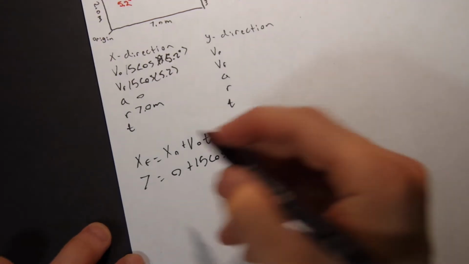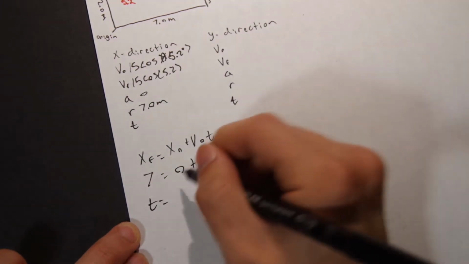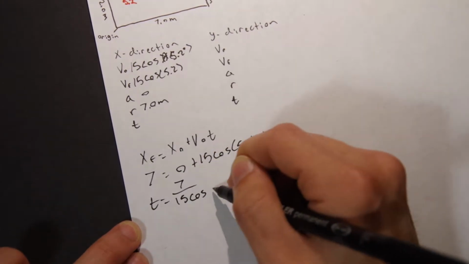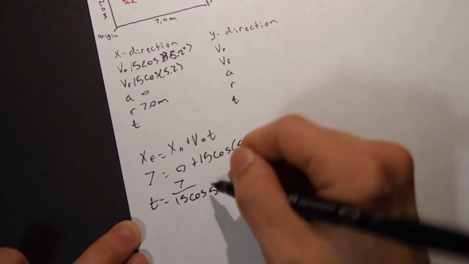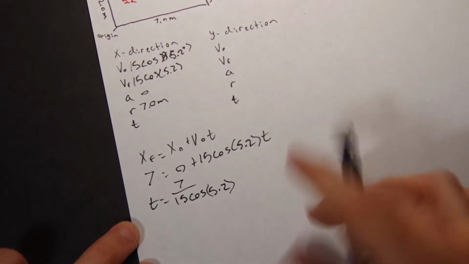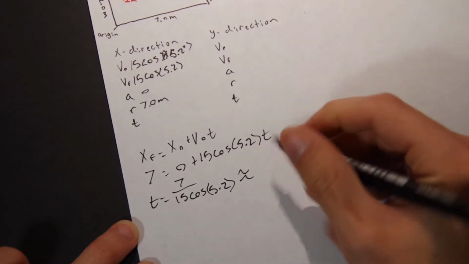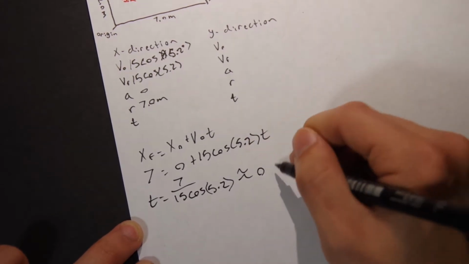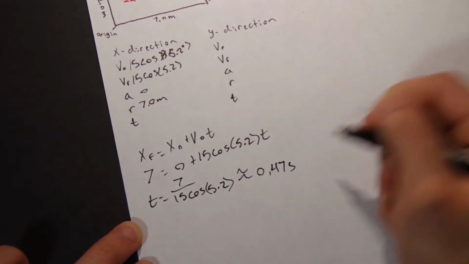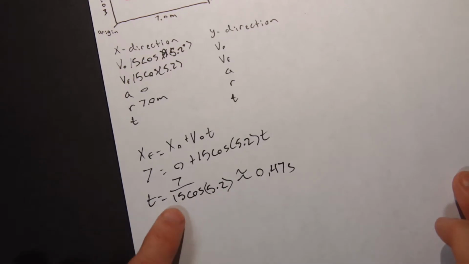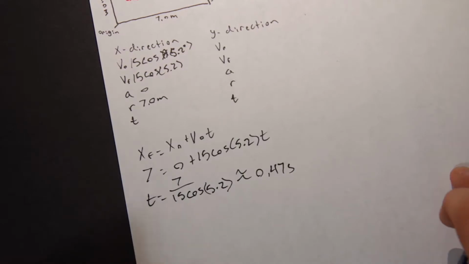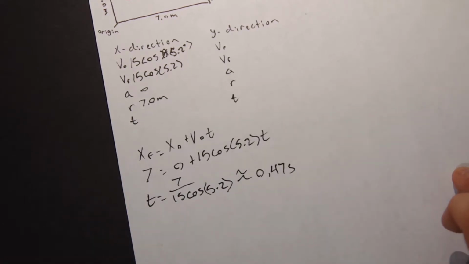So that must mean that our t is equal to 7 over 15 cosine 5.2. And we can approximate that to be about 0.47 seconds. But for the sake of the problem, I'm going to leave it in this form just so we can be exact. So the next thing we're going to want to find is the velocity in the y direction.